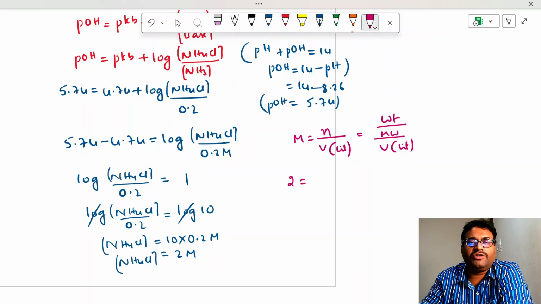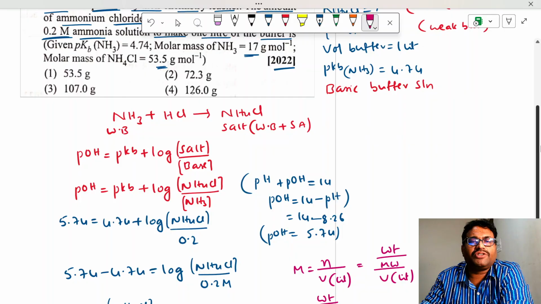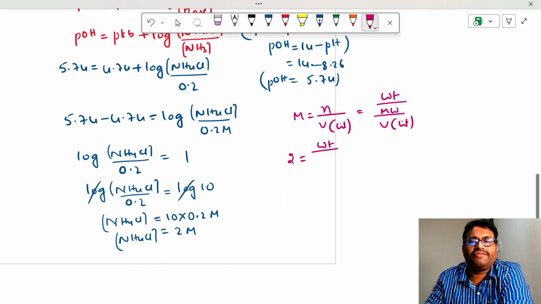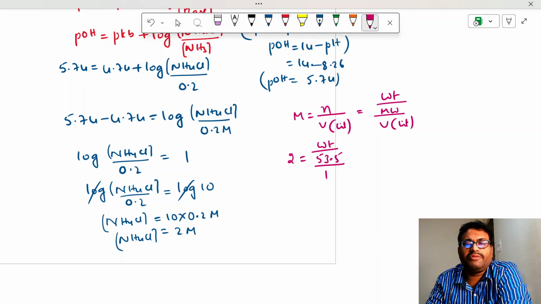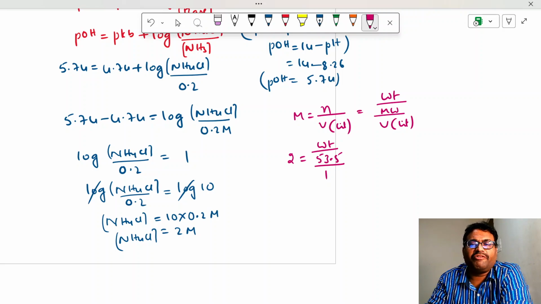2 molar is equal to weight by molecular weight of NH4Cl, already given in the question. What is that? 53.5 grams. And the volume of the buffer solution is given. What is the volume of buffer solution? 1 liter.